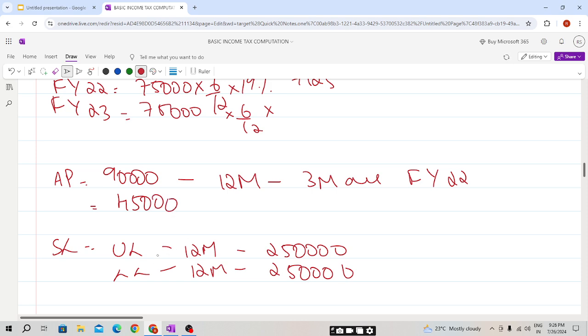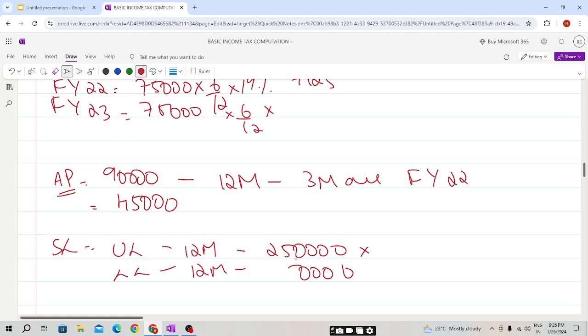Now students, why are we dividing the year at the start? Because the augmented profit and statutory limits are applicable for finance year 23, and for finance year 23 we have only 6 months. So we are calculating this; this is the second method. The first method we have already solved. I have written the limit wrong here.